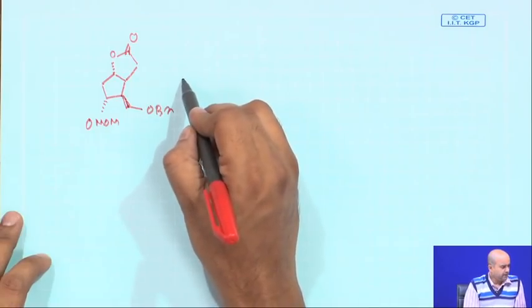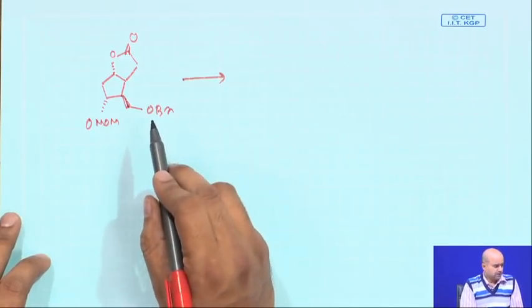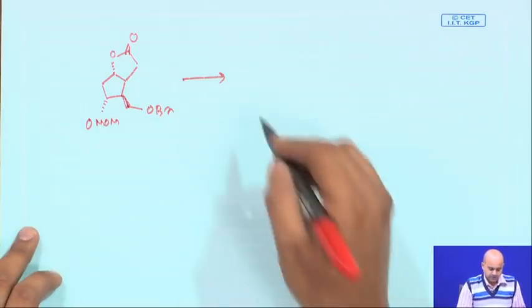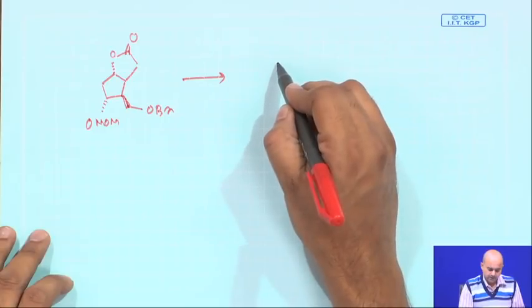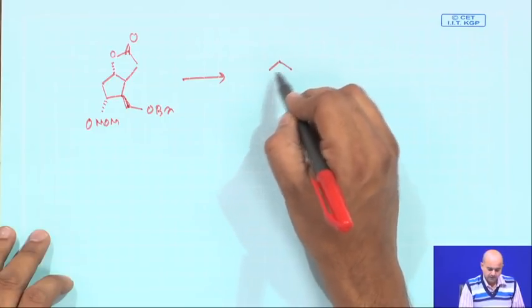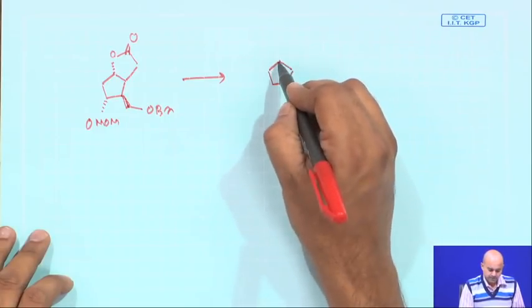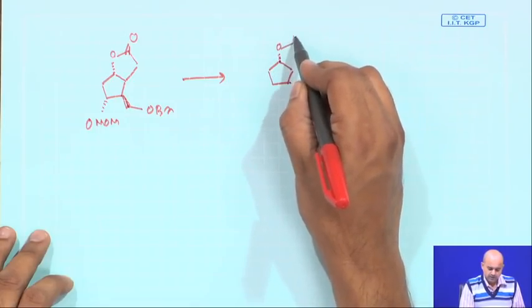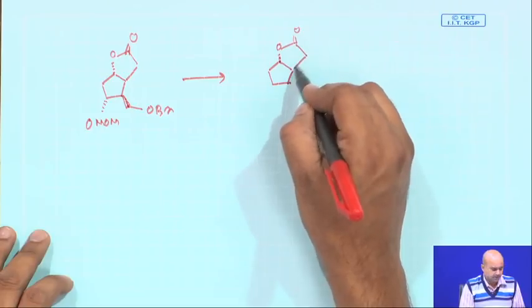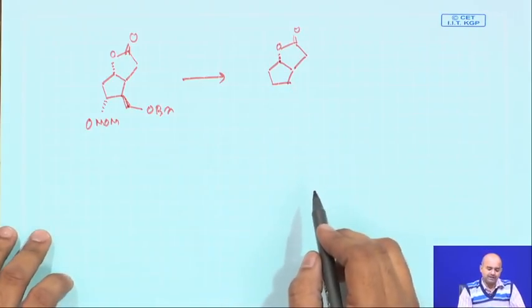Then I say you have to convert this compound, which has a MOM and a benzyl. I said MOMs are usually labile in acid.